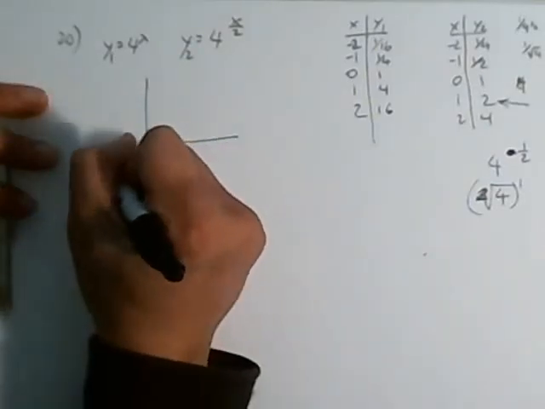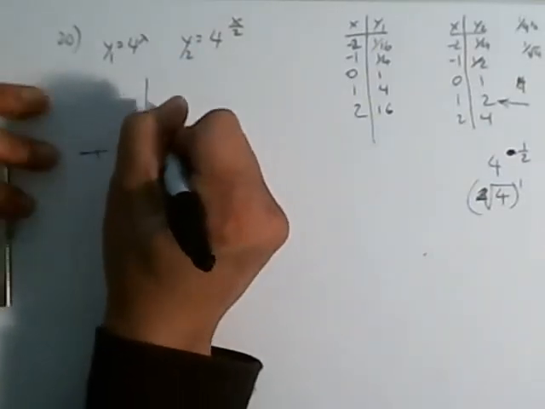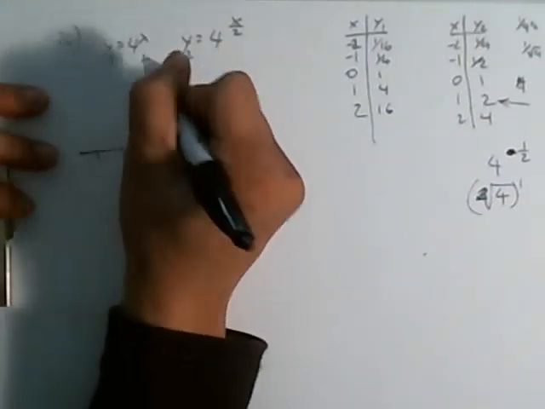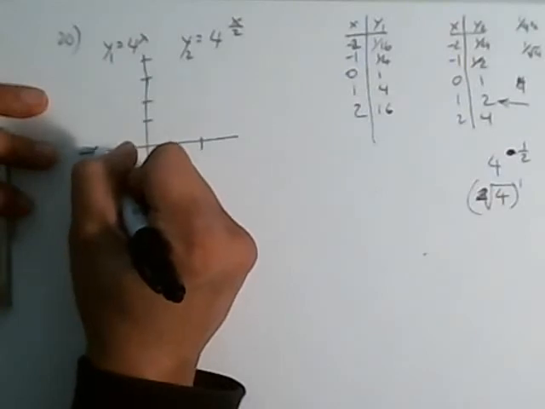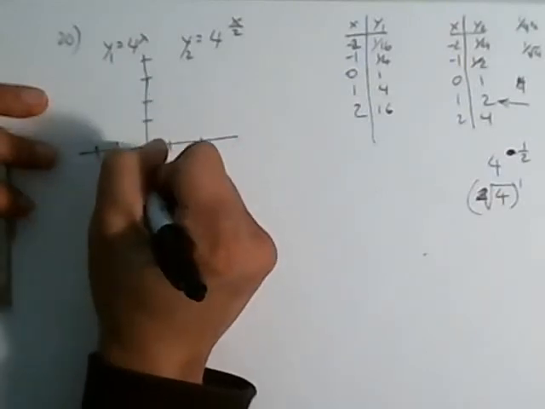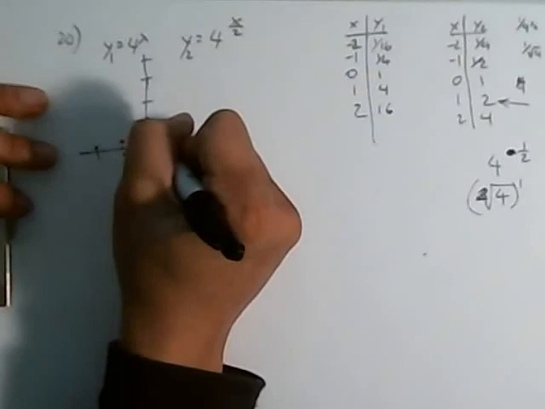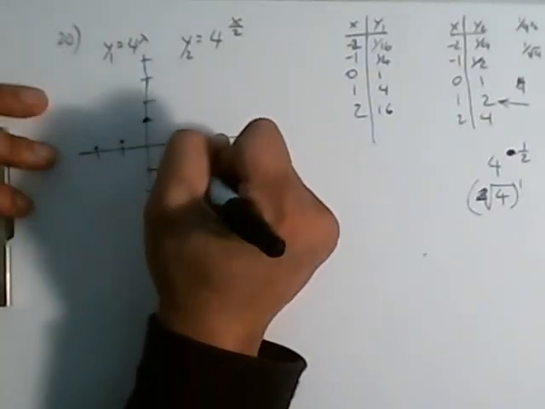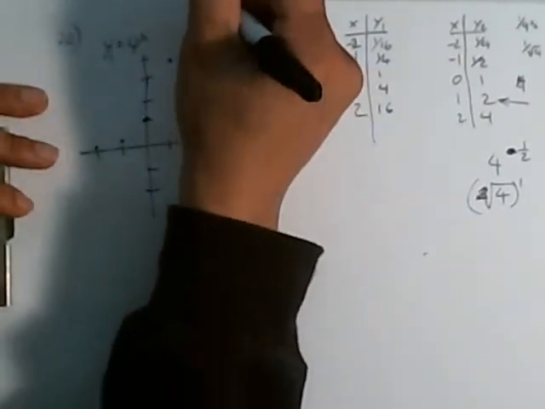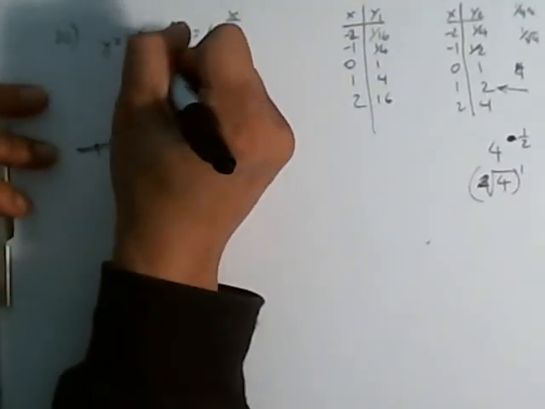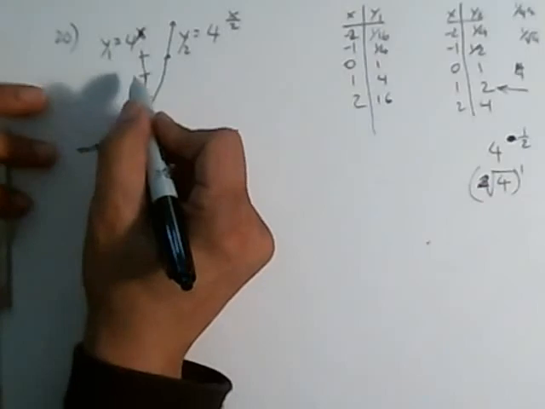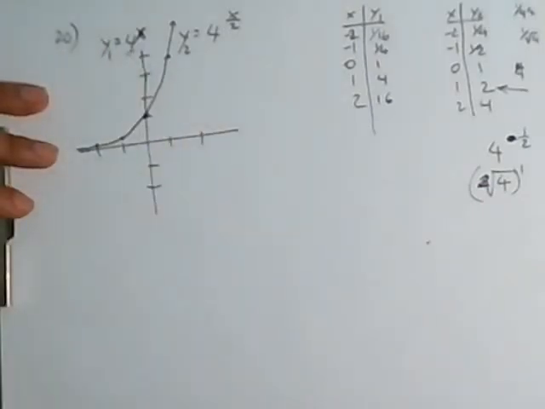At -2, it's going to be 1/16. At -1 it's going to be 1/4. At 0 it's 1, at 1 it's going to be 4, and then 2 is going to go way up. So it's got a pretty steep exponential because of this 4 right there.